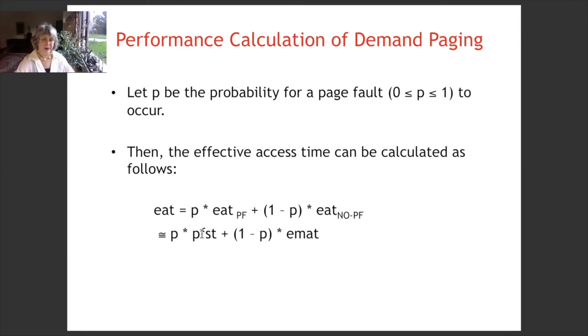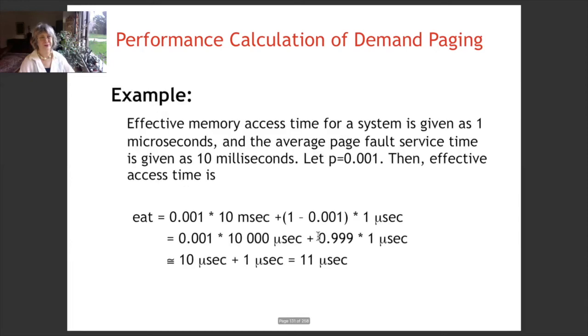So P is multiplied by page fault service time, plus 1 minus P in the case of no page fault, where effective memory access time is constant, so 1 minus P multiplied by effective memory access time. So the result depends on the constant effective memory access time, the page fault service time, and the page fault probability.